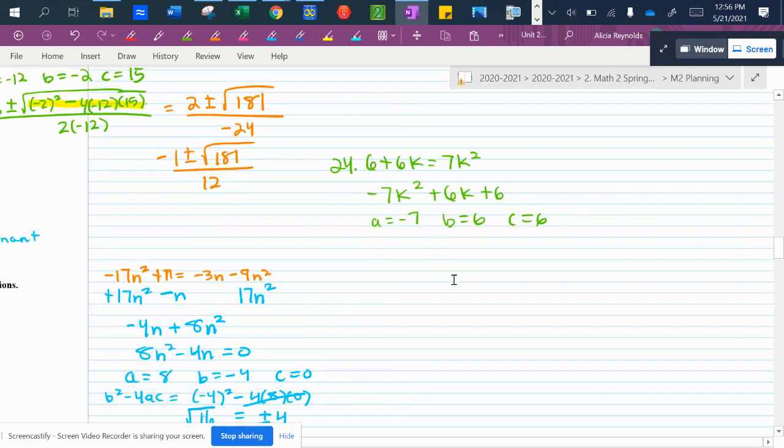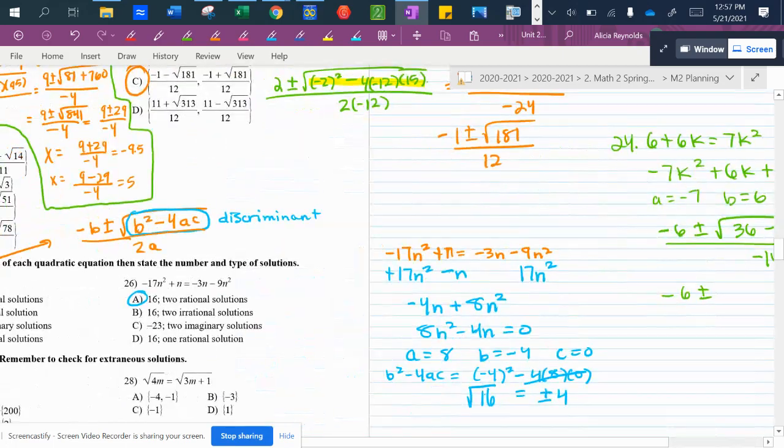Okay, so if we're going to set up the quadratic formula for this problem, we have opposite of b is negative 6 plus or minus the square root of b squared is 36 minus 4 times a times c all over 2a, which is negative 14. So then I get negative 6 plus or minus.